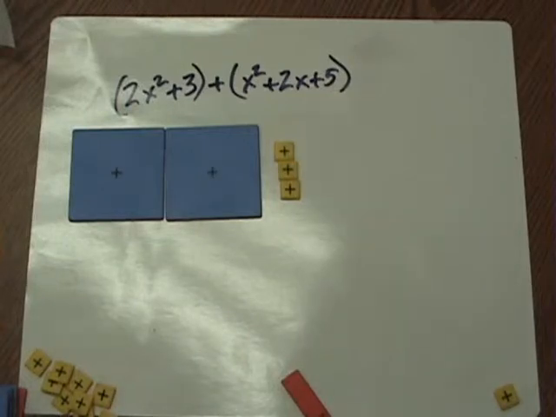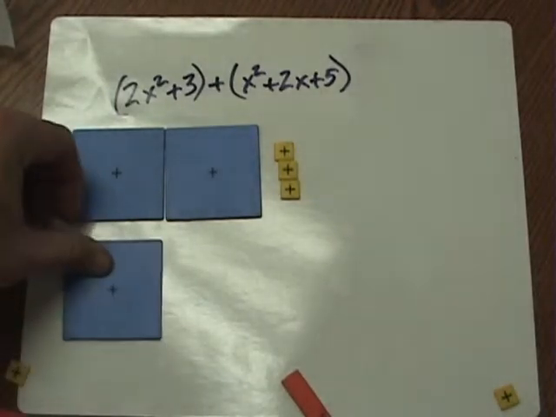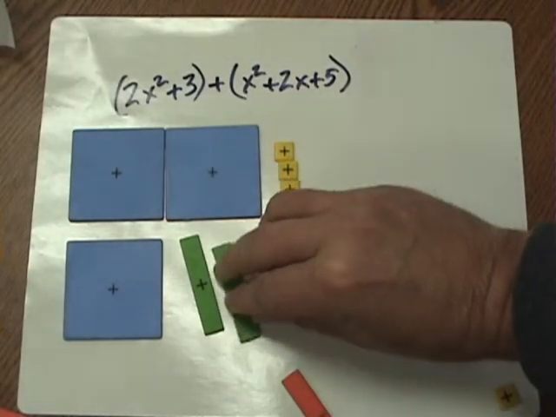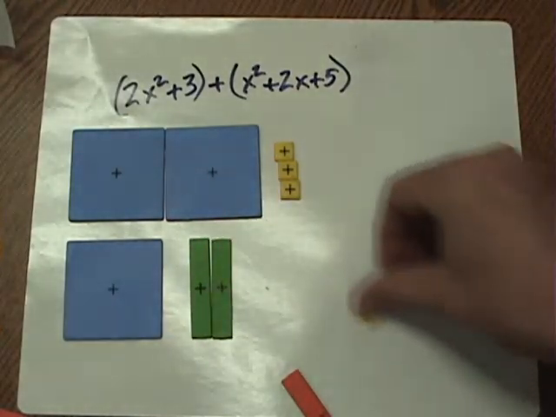Now our second one is just going to be x squared, okay, plus we have 2x's and then we have a plus 5.